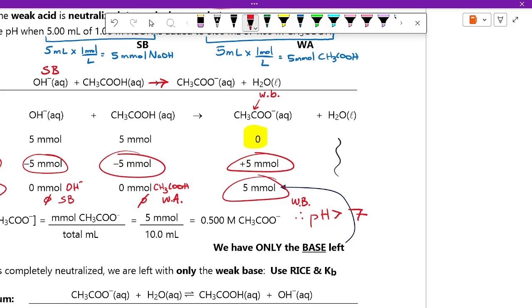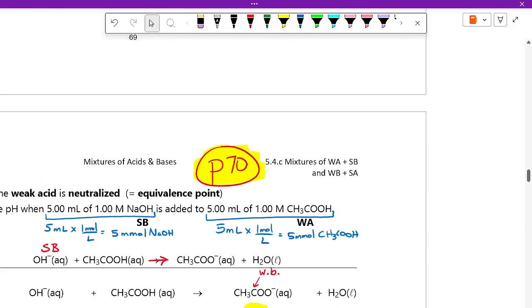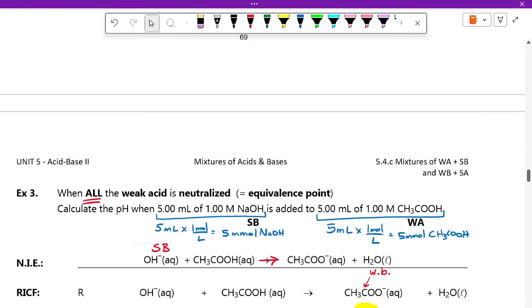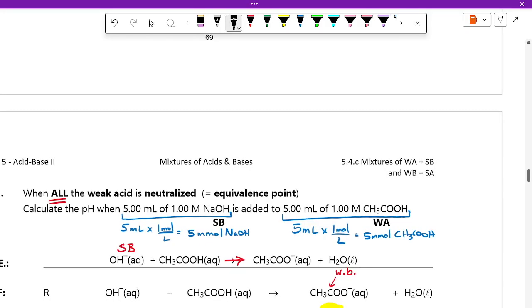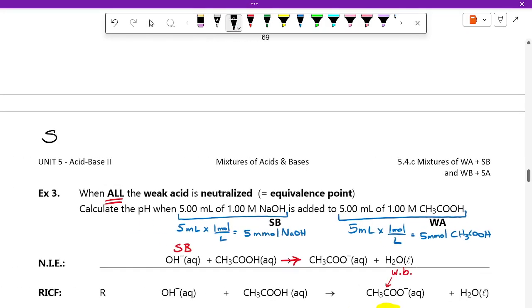If you remember, when we reacted a strong acid with a strong base, HCl plus NaOH gives, that should be an arrow, sorry, water and a salt.